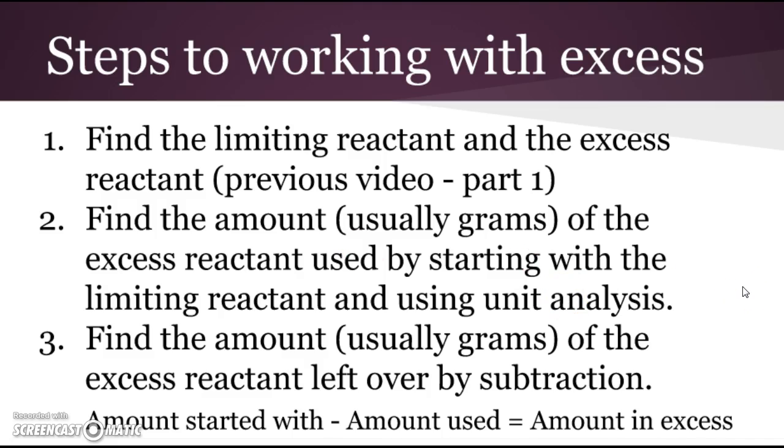And the third step I did was I found the amount that was actually left over by a simple subtraction. I knew how much I started with, I knew how much I used, and then I subtract the 2, and that will tell me how much is in excess. If this is a very large number, as a chemist, I'd probably be concerned. And so you may want to look at that amount if you're running an experiment.